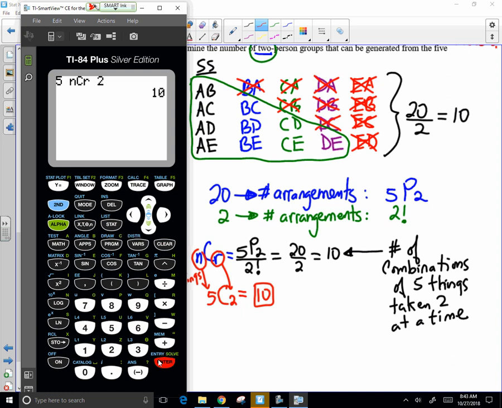I think that the word combination is a terrible name for this topic because of what I mentioned last class, the combination locks. You can't open a combination lock unless you know the right permutation, which is not a combination, because the order matters.